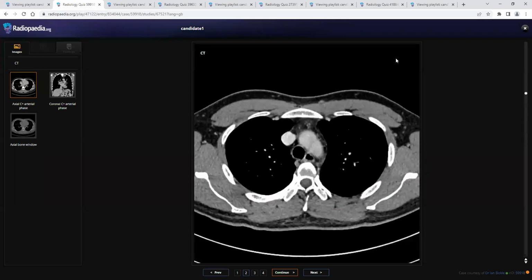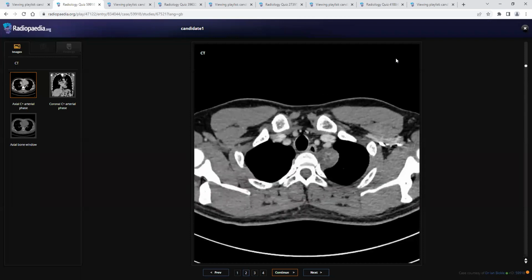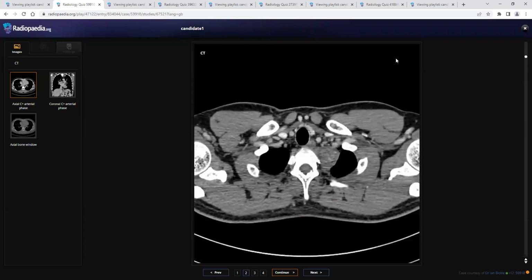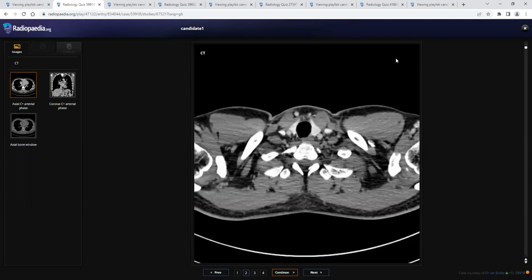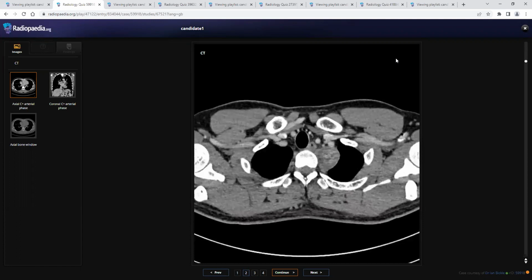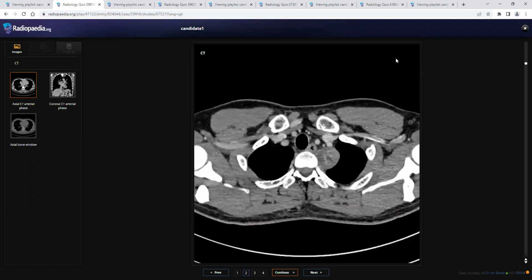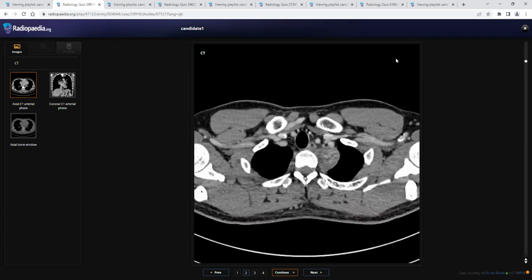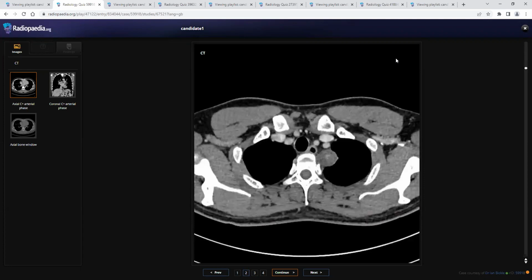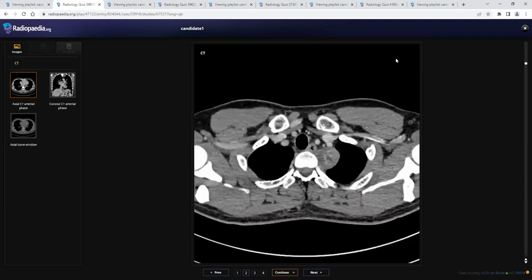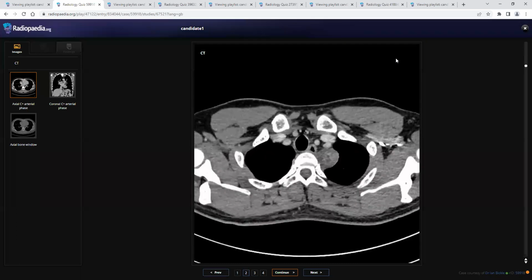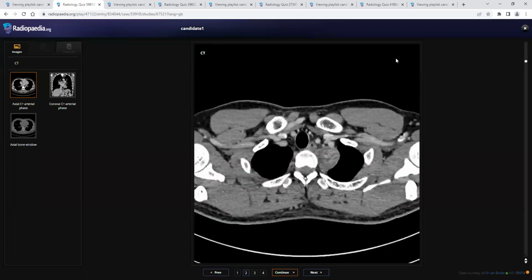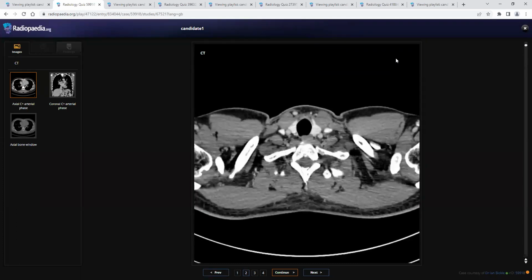I was provided with an axial CT chest with IV contrast. The mediastinal window confirms that this is a posterior mediastinal mass, which is adjacent to the posterior extent of the upper ribs and the spinal canal, and there is no definite intraspinal extension I could detect in this case.